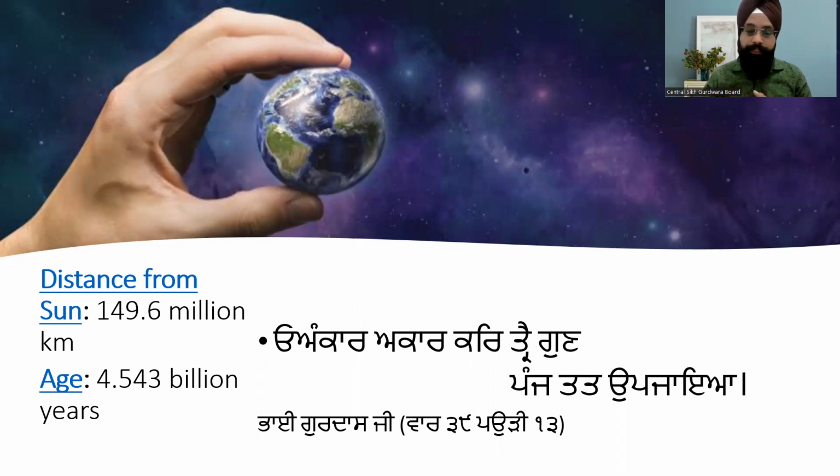And Sato is basically religious. We have already covered these three guns, Rajogun, Tamogun, and Satogun, two weeks before. And then the basic thing is Panch Tat Upajaya. Vaheguru used five Tat for this creation.